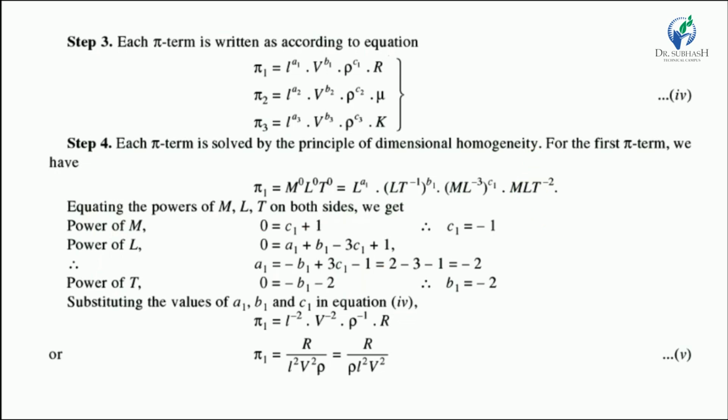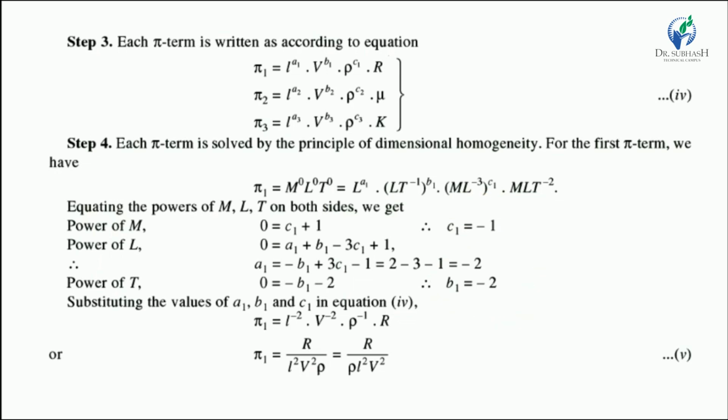Now we compare the power of T on the left and right side. Left side 0 equals minus B1 and minus 2. Now C1 is equal to minus 1 and B1 is equal to minus 2.